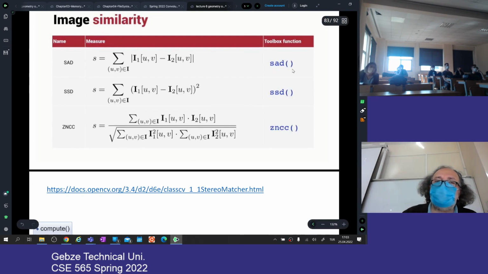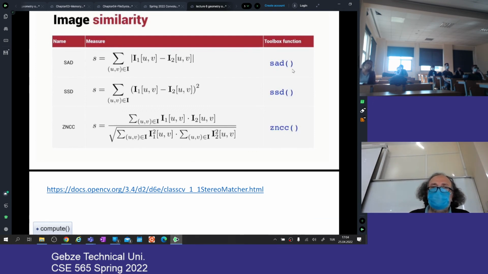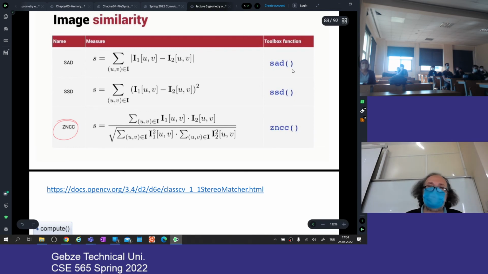Zero mean normalized cross correlation works best. This one does the normalization on a per window basis, and it works very well. Of course, it is more expensive than this one or that one, more expensive than both of them, but it works the best.